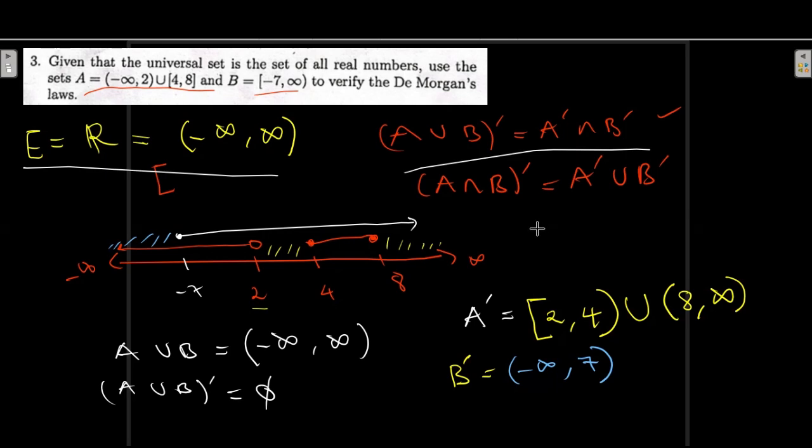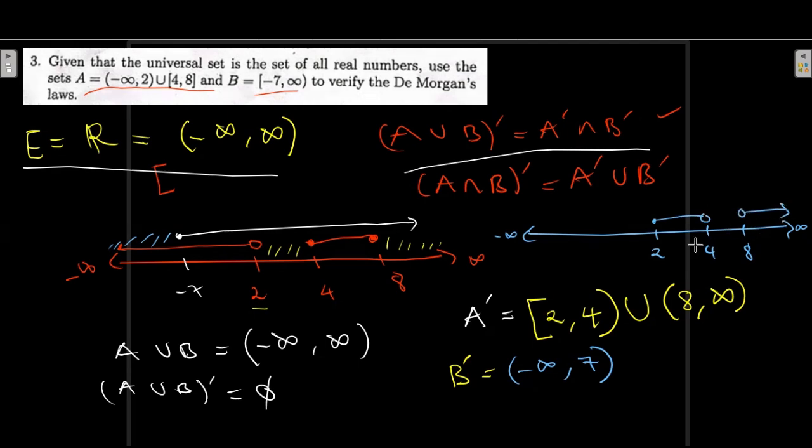So I can actually plot these sets like this. I have my universal set running from negative infinity up to positive infinity. If I plot my A complement, I have 2 there, 4 there, and 8 there. At 2 it is closed, so it is here going, and then at 4 it is open. At 8 it is open, then all the way up to positive infinity.